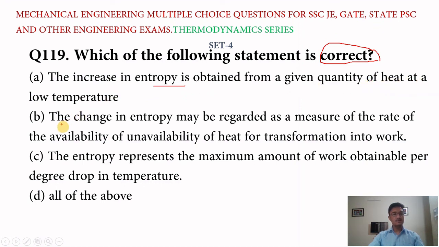Option B, the change in entropy may be regarded as a measure of the availability or unavailability of heat for transformation into work. Option C, the entropy represents the maximum amount of work obtainable per degree drop in temperature. And D, all of the above. So the answer is all of the above statements are correct.